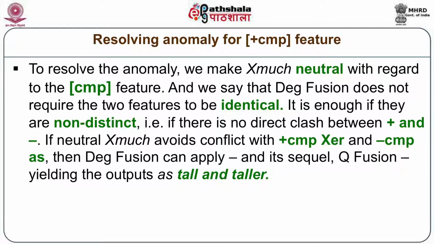As a result, what happens in standard English is that the unspecified Q, x much, being weak, fuses into the adjective, placing the adjective taller in proximity with the degree word. Now the degree word exer can fuse into the adjective, yielding just taller. That is how the two varieties are handled in such a theory.